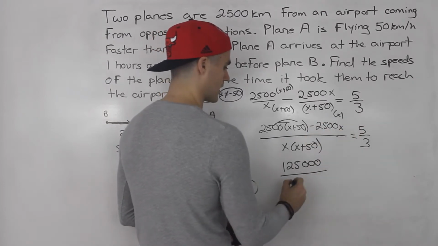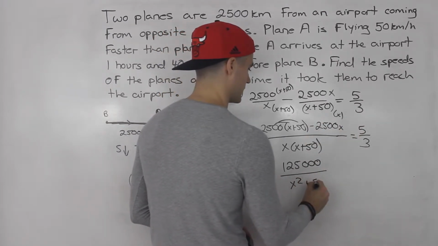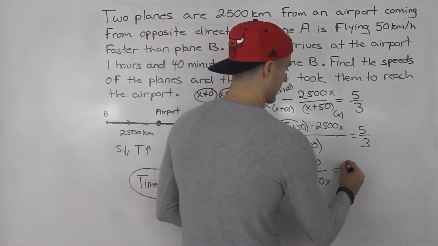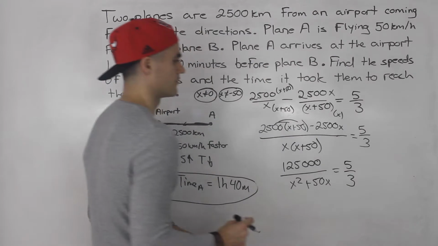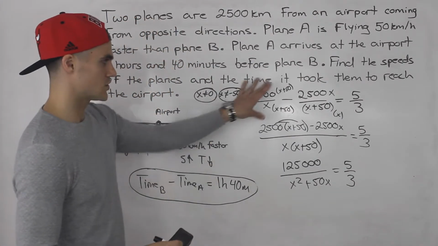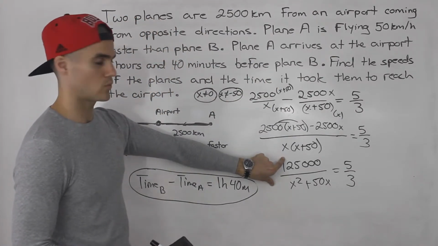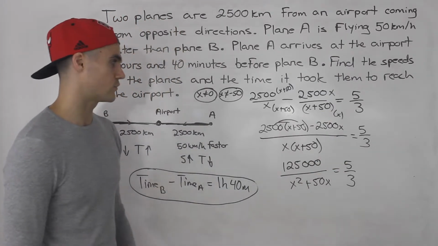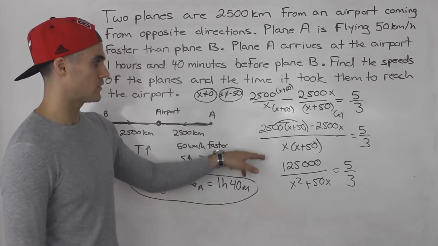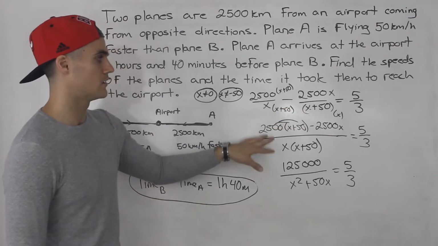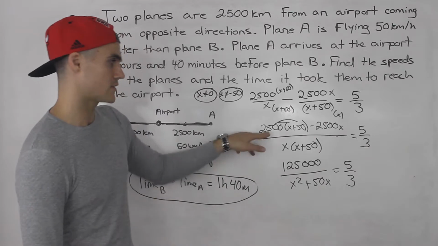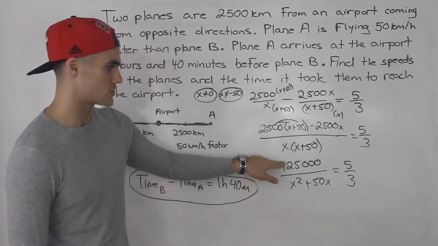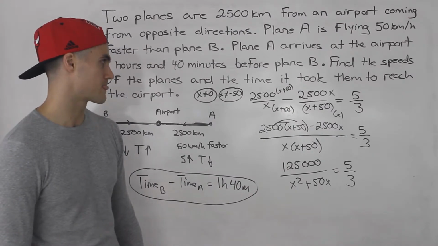Because we're going to be cross multiplying after, I'm just going to expand this. You don't have to. You could expand after, but I'm just going to expand it now. And then this is equal to 5 over 3. Right? Took this, made it into one fraction. And now we can cross multiply, solve for that x. And the way we made it into one fraction, got a lowest common denominator, then multiplied all that out, and the 2500 x's are going to cancel out. You're just going to be left with 2500 times 50, which is 125,000.